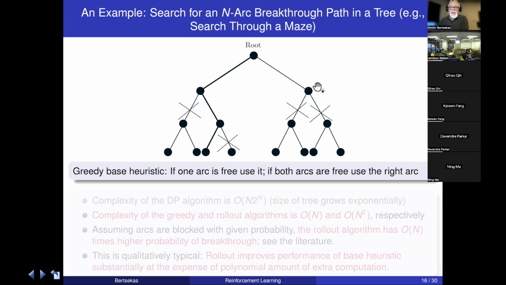We formulate it in terms of a binary tree with some root, and up to a certain depth, n arcs, depth of n. Now some of the arcs in this tree are free and some are blocked. The ones that are blocked are the ones with a cross. So these are blocked and the others are free. And we want to find a path of free arcs from the root to one of the leaves here. That's the problem.